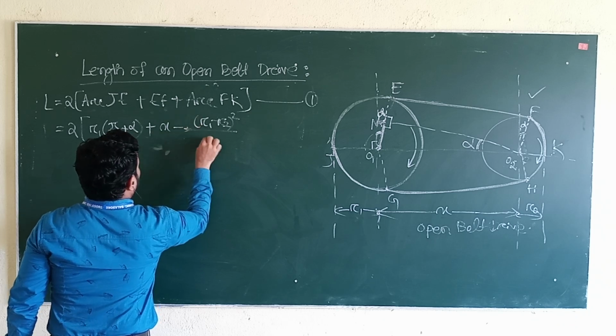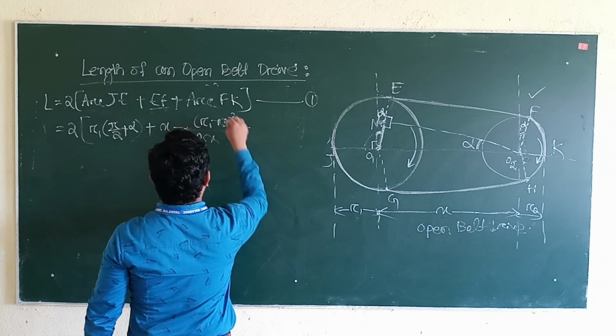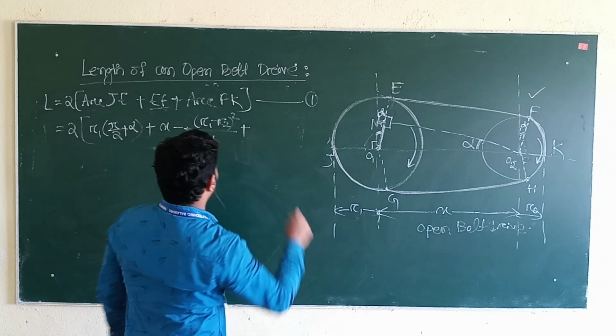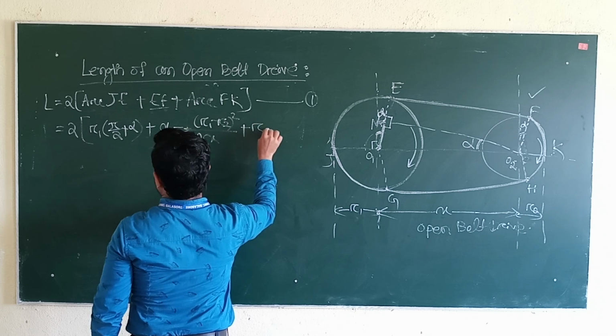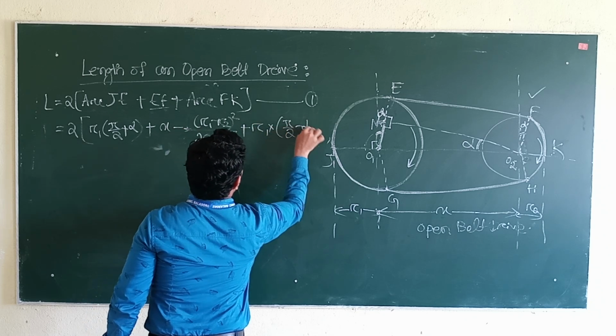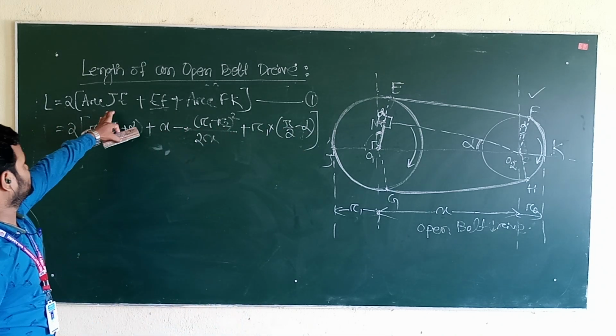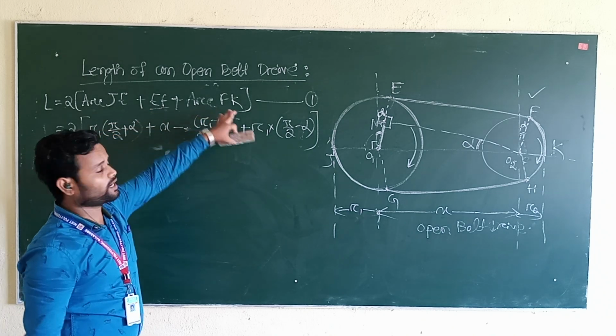Sorry, R1 minus R2 square by 2X. This is the value of EF. Next, what is the value of RFK? We have calculated RFK is R2 into pi by 2 minus alpha. So these are the values of RJE, EF and RFK.